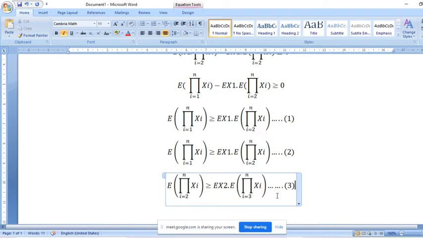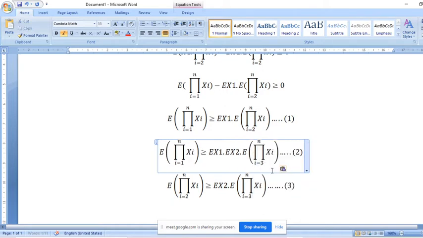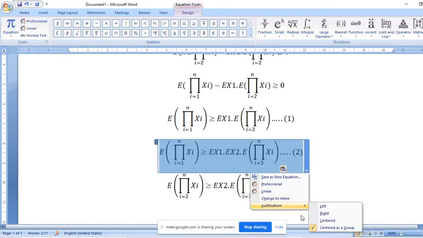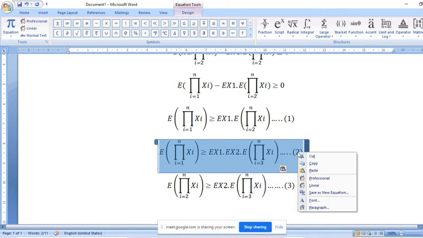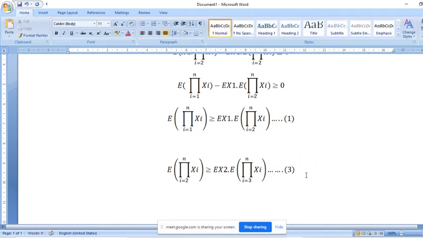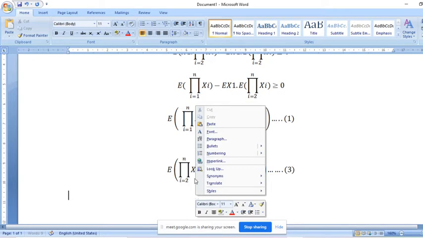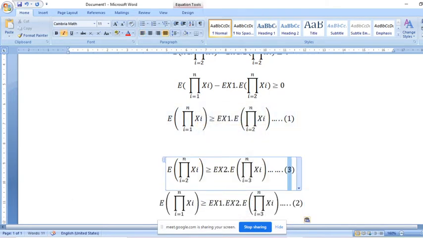So now we can put this function instead of this expectation product. So what happens? Equation number 2 will be this, we can call 2, and this will be equation number 3.